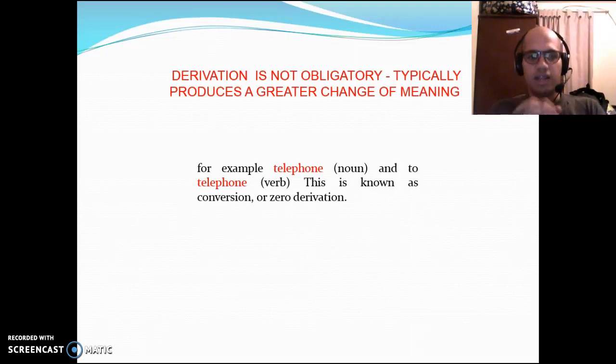Okay, derivation is not obligatory. Typically, a greater change of meaning from the original form is more likely to result in a form which has a somewhat individual meaning, often changing the grammatical category of a root.